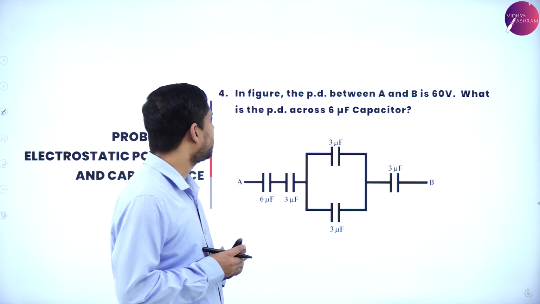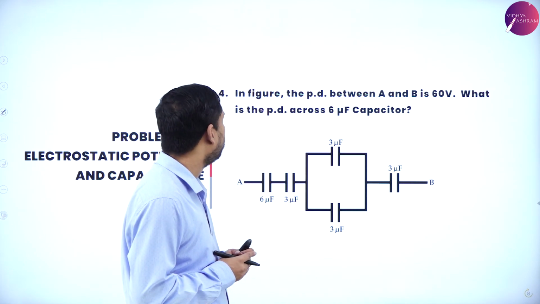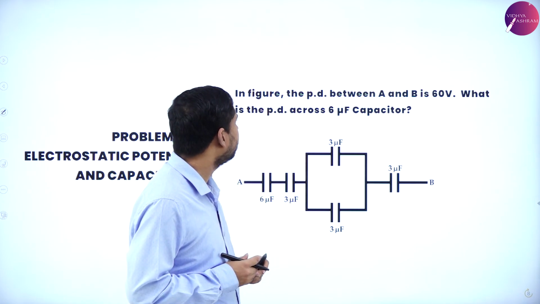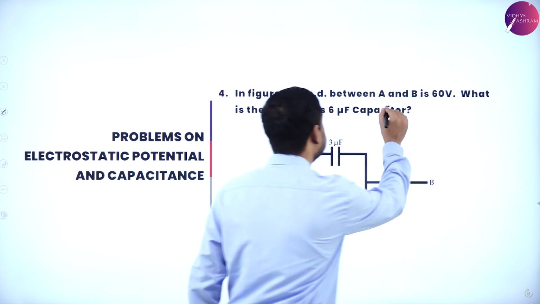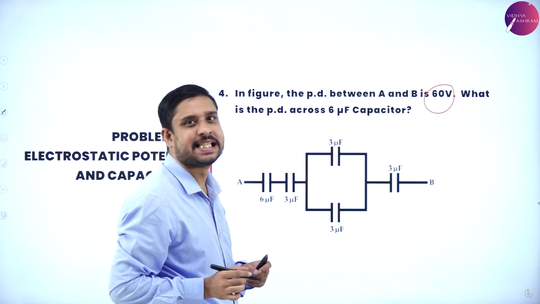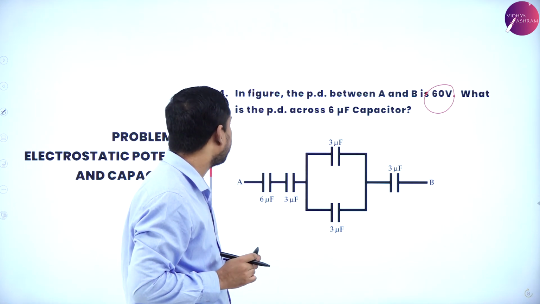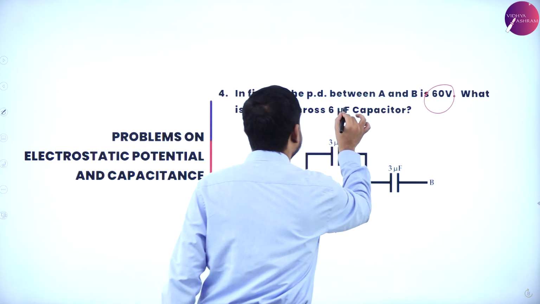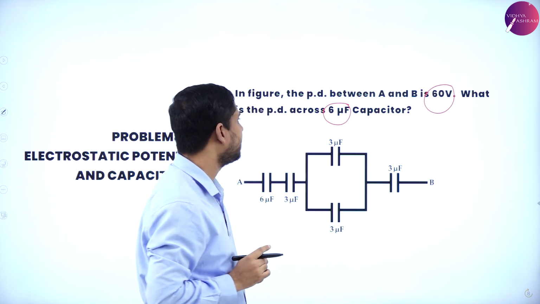The next one, students. A very beautiful problem. In the figure, the potential difference between A and B is 60 volt. What is the potential difference across the 6 microfarad capacitor?